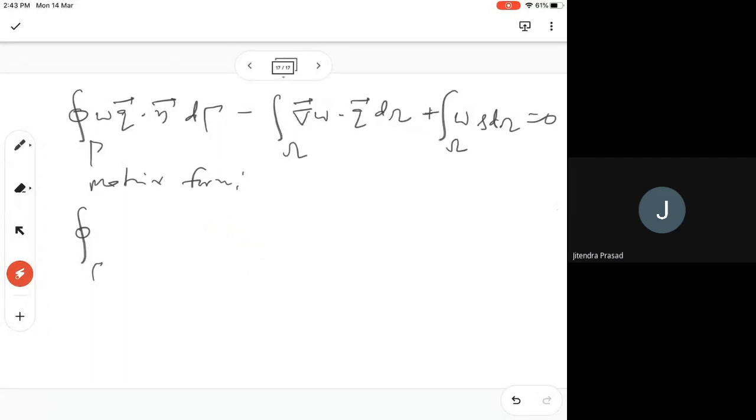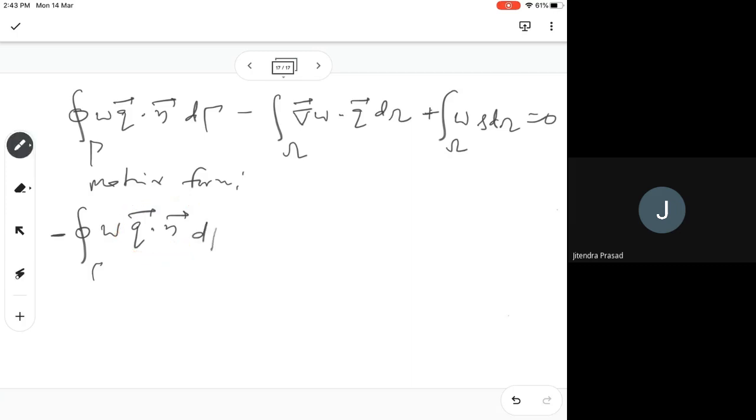So we have to write in matrix form as we have done earlier. So minus, then we have W. Whatever the value of W on the boundary that we have to apply, we will write W, and then we have Q dot N, because typically these things are given on the boundary, so that's why we'll put it like this.